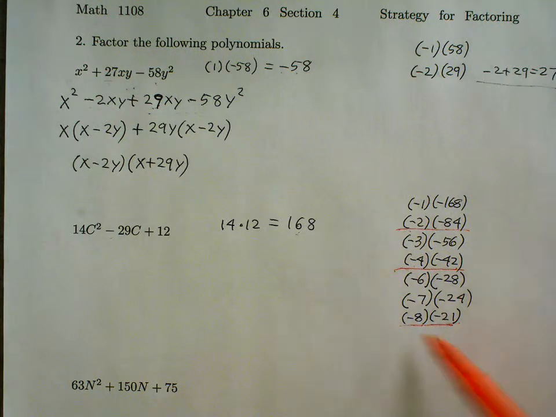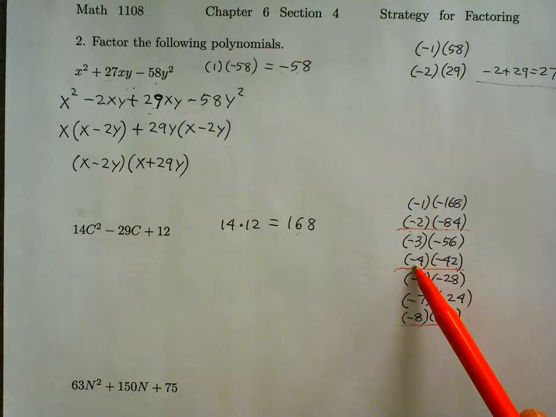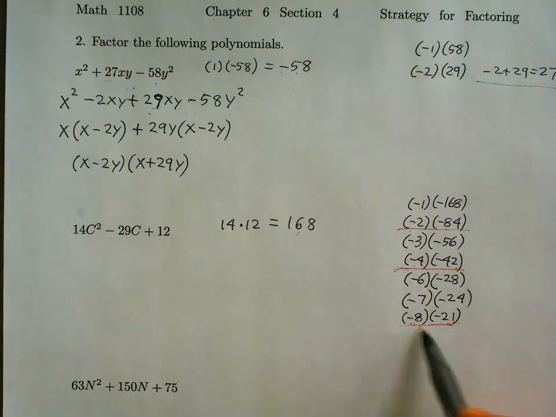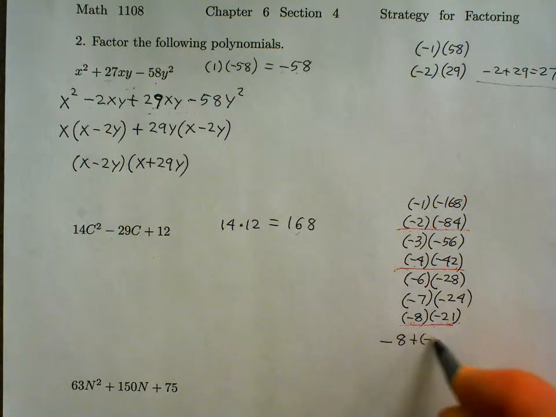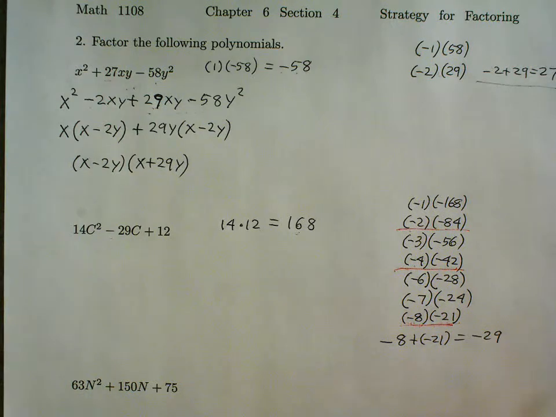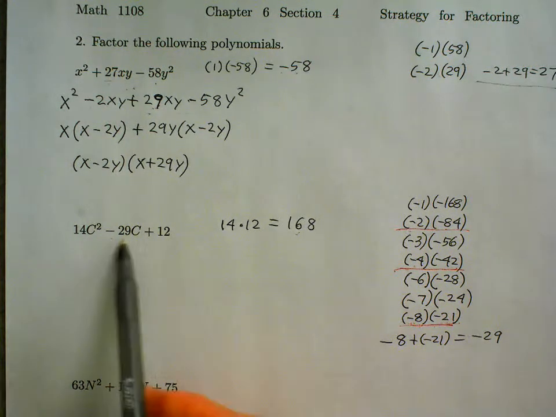And similarly, for negative 8, well, negative 8 is 2 times negative 4, and negative 21 is 1/2 of negative 42. See what I mean? So anyway, those are the two integers that we want because they add up to negative 29. So this guarantees that we can factor it.